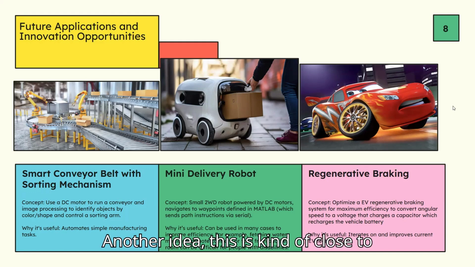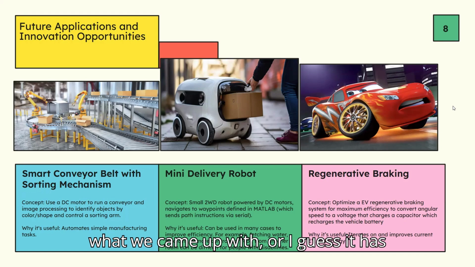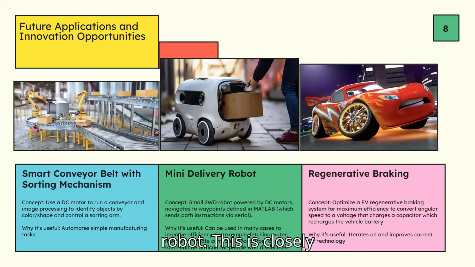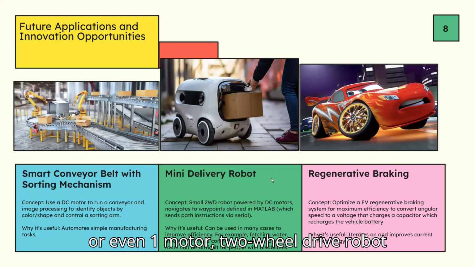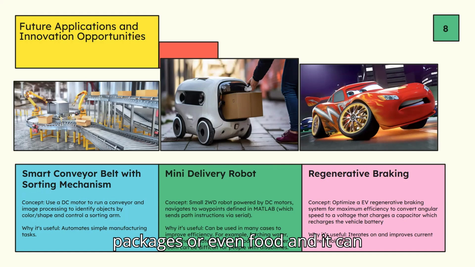Another idea, this is kind of close to what we came up with, or I guess it has that EV sense, is a little delivery robot. This is closely related to what we did, but we could use two motors to power a two-wheel drive, or even one motor, two-wheel drive robot that is used to deliver packages or even food. And it can navigate its way to different waypoints, which are defined in MATLAB.